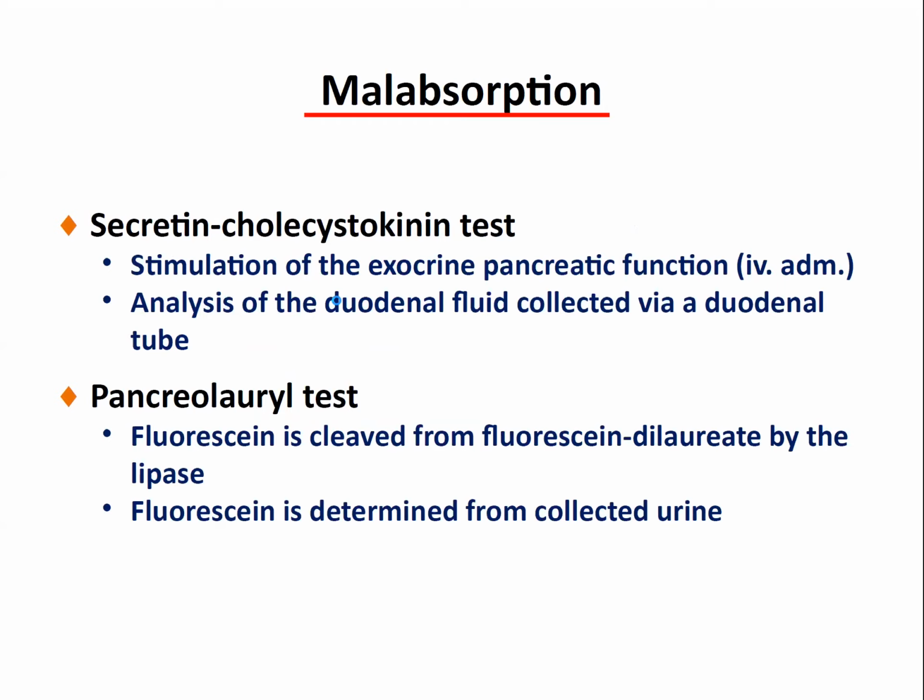They give IV secretin-cholecystokinin, collect the duodenal fluid, and measure the amount of enzyme. In the pancreatic test, they give fluorescein orally and measure the fluorescein content in the urine. Usually this measures lipase activity, and the fluorescein material is water soluble, so it can be measured in the urine.